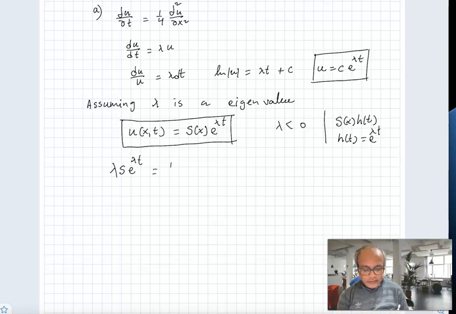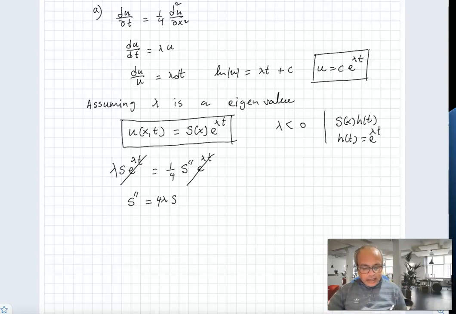On the right hand side, 1/4, differentiate twice with respect to x, you get s double prime e to the power lambda t. Since e to the power lambda t is not 0, you can take it out from both sides, and then you get an eigenvalue problem. s double prime equals 4 lambda s.